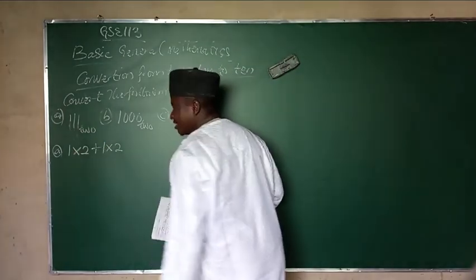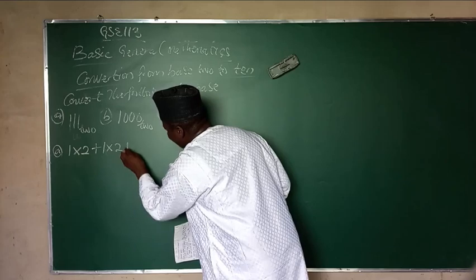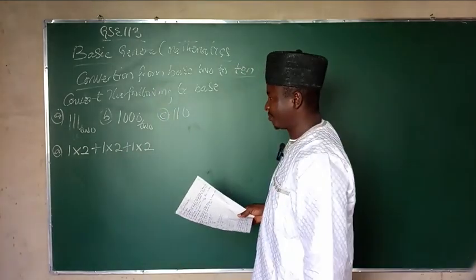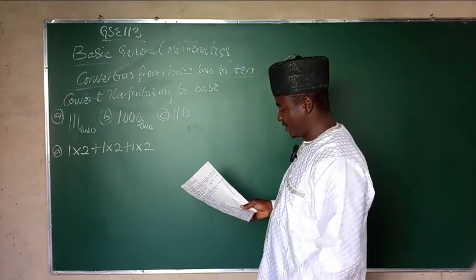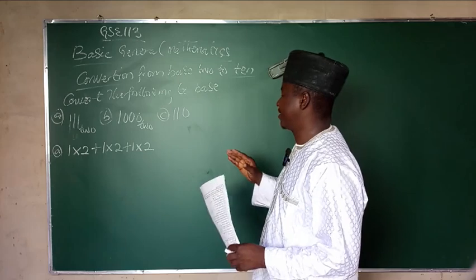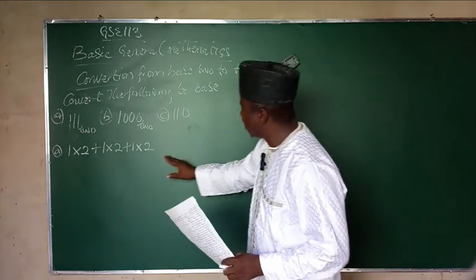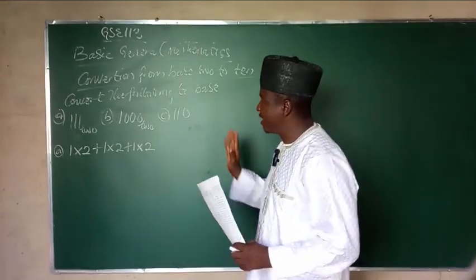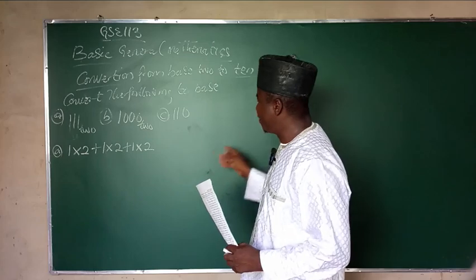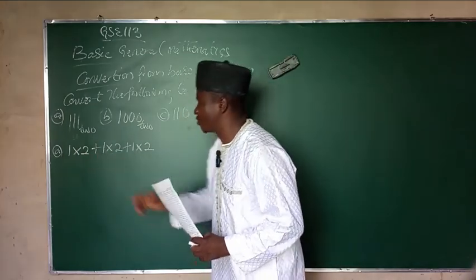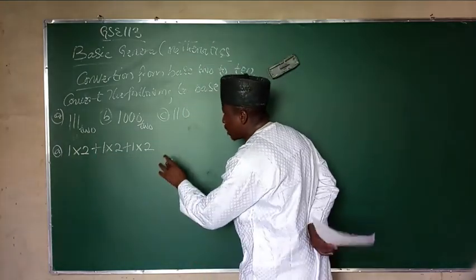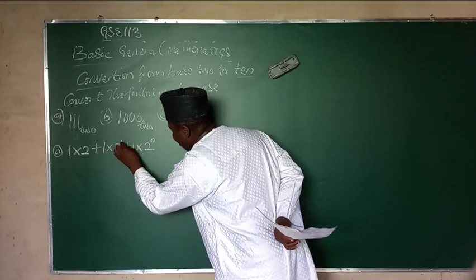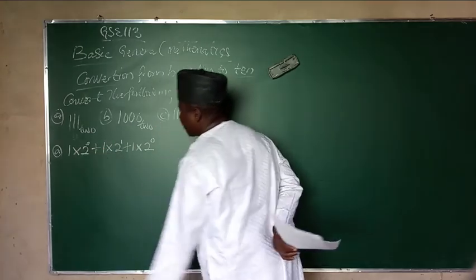We have finished with the second term, then we go to the last term, plus 1 times 2. What next? The next is powering the base starting from 0 in a descending order, meaning from the end to the first one. And it's only the base that we are going to power. We start from 0, 1, 2.